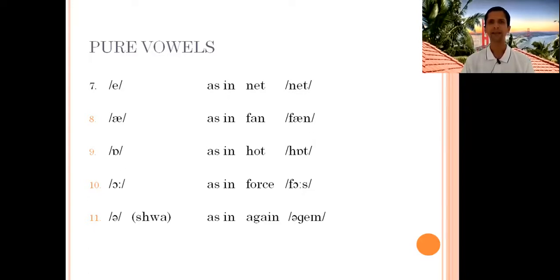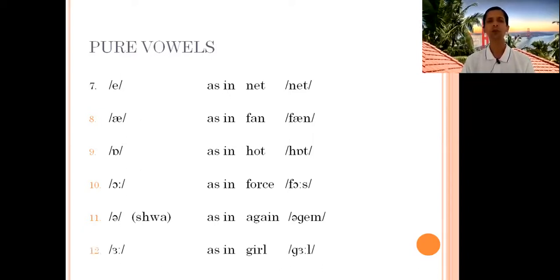When we pronounce again, we barely hear the beginning. We just hear gain. The beginning is barely heard. So this is the shortest sound in the language, and at the same time the largest occurring sound in the language. That is, we find this sound very frequently used in the language.